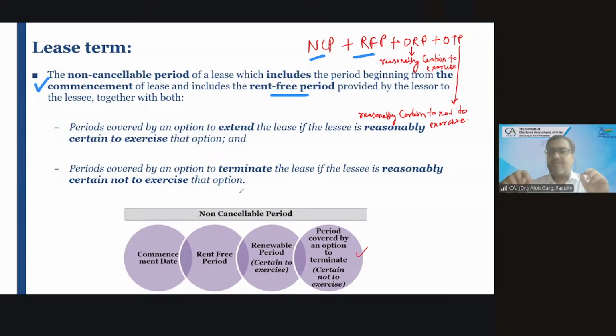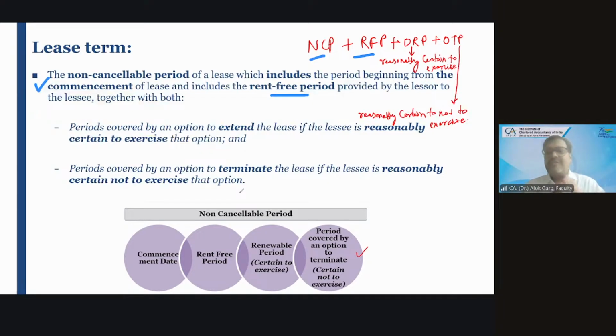Non-cancelable period plus rent-free period plus optional renewal period, if the lessee is reasonably certain to exercise the renewal period, plus optional termination period if the lessee is reasonably certain not to exercise the termination option. It's the opposite, right?